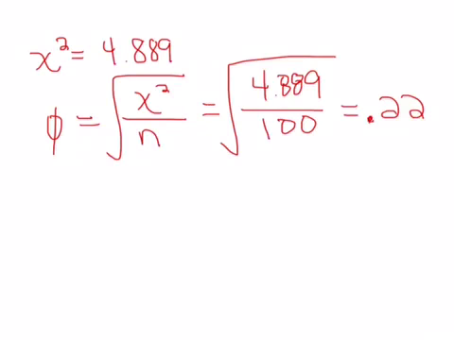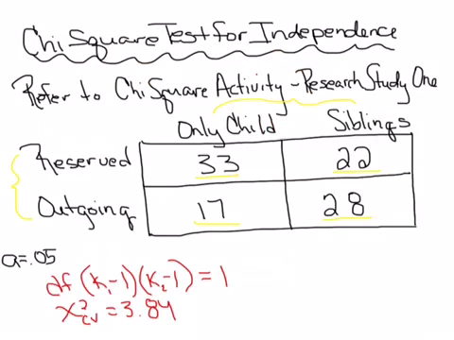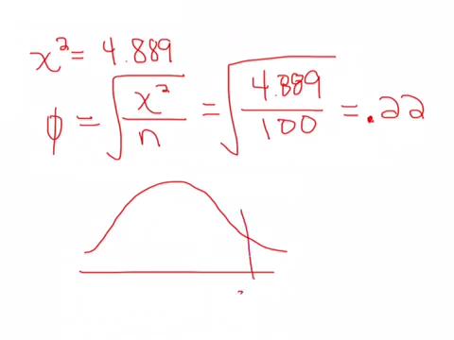Now to determine whether we have significance or not, we need to see where the test statistic falls compared to our critical boundary. So let's go back to the beginning, if you remember. Here's our critical value, 3.84, with the degrees of freedom of 1. So we're going to go right here, 3.84. Now, similar to ANOVA, chi-square is always positive. It's not plus or minus, it's always positive.